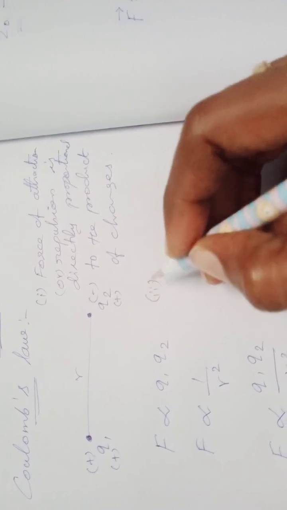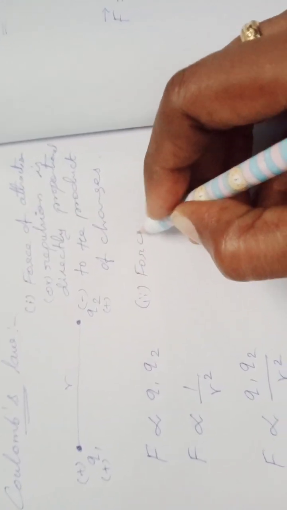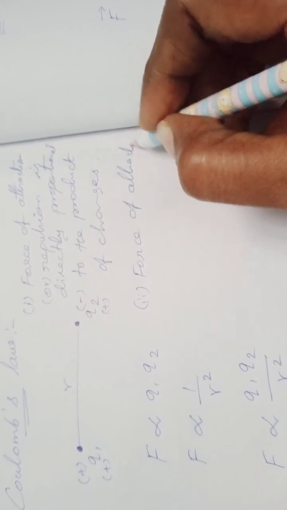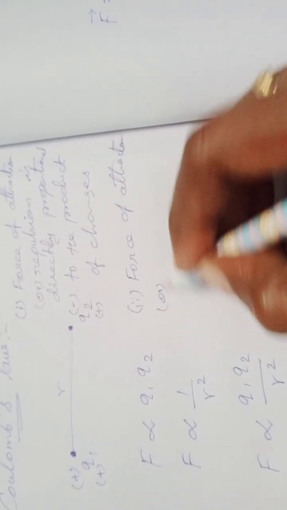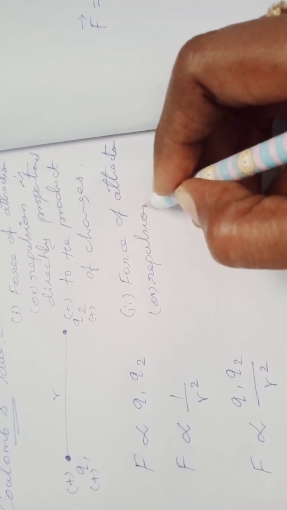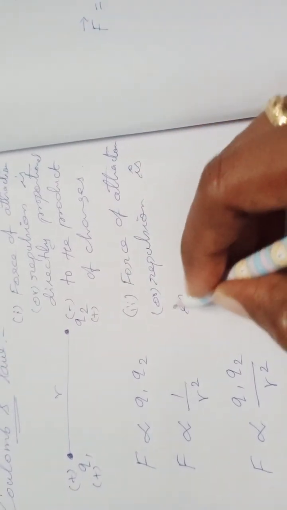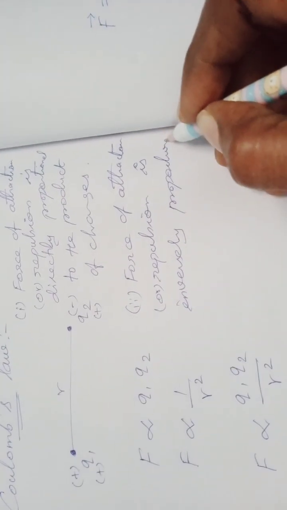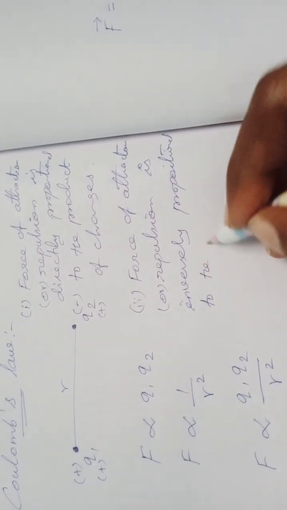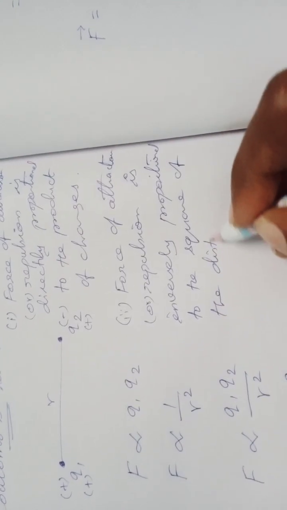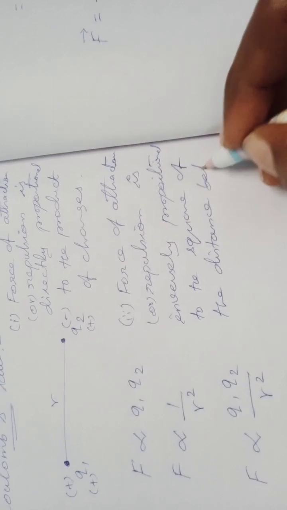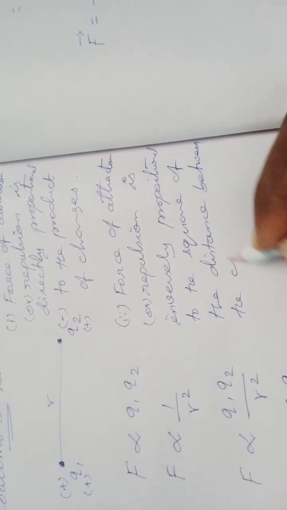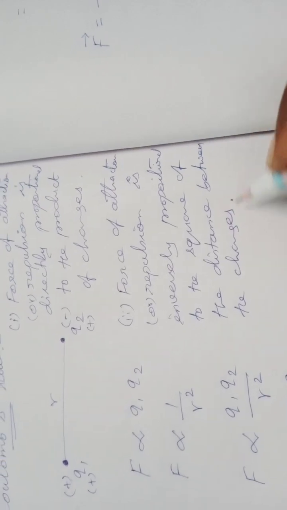And the second point is, the force of attraction or repulsion is inversely proportional to the square of the distance between the charges. So this will be the statement of Coulomb's law, right?